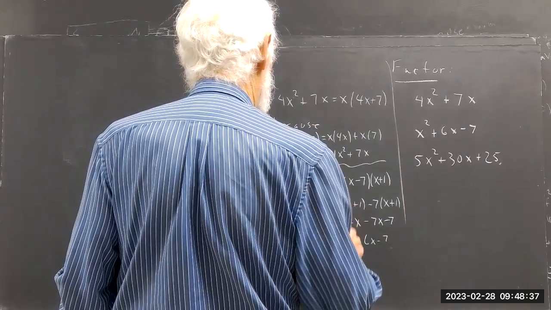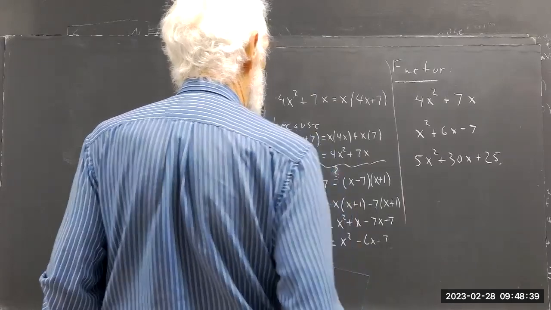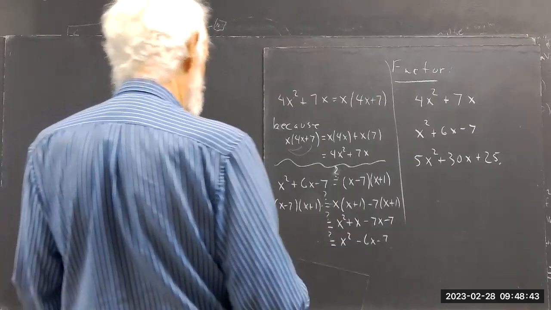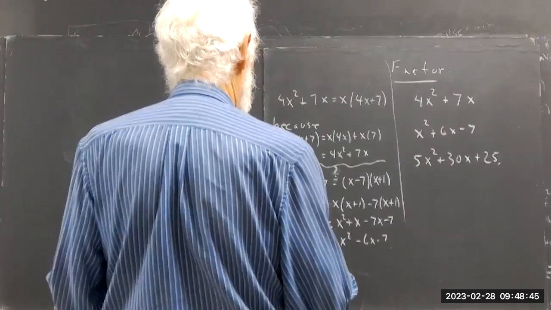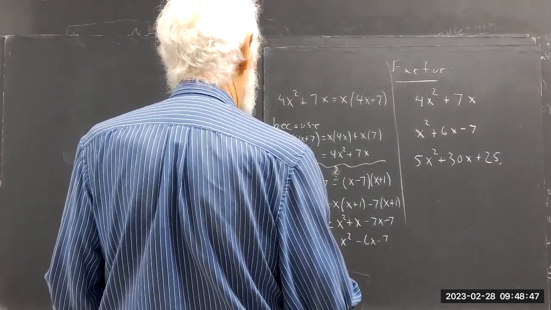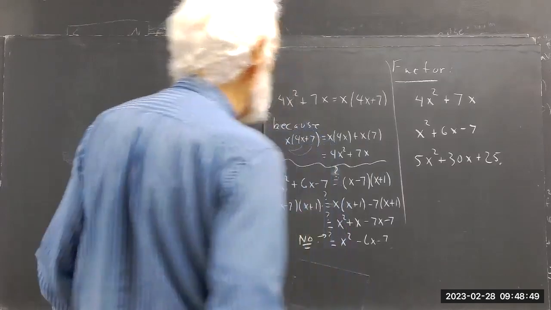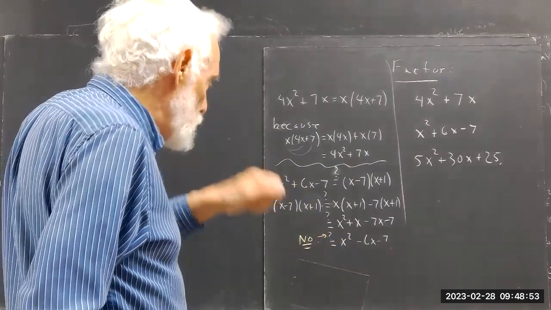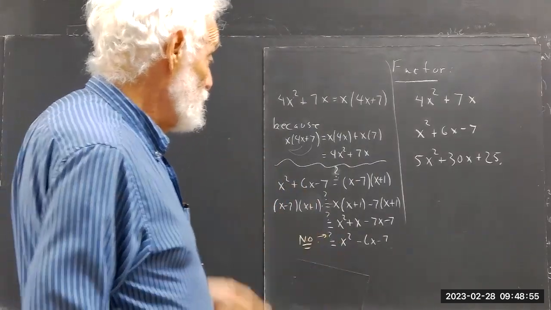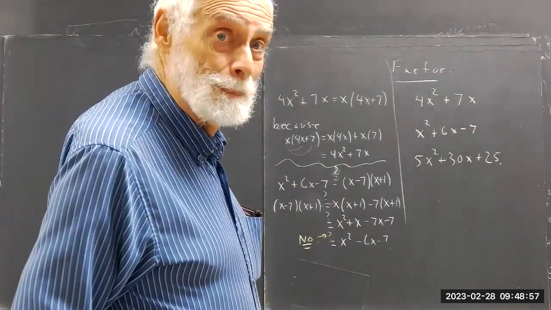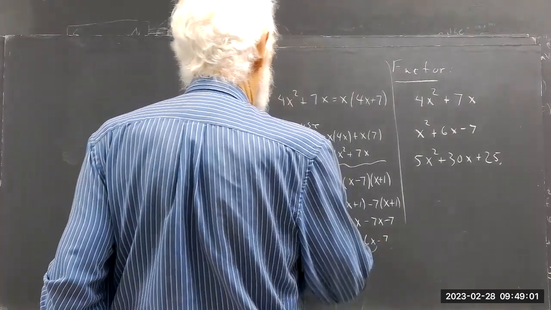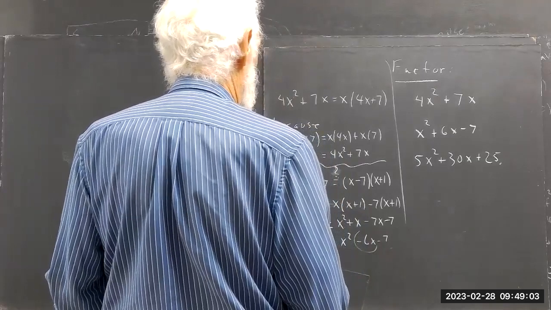And down here, we compare this with what we started with. So in answer to the question whether this is equal to this, the answer is no. Okay. Because we have a negative 6x here, we have plus 6x here.